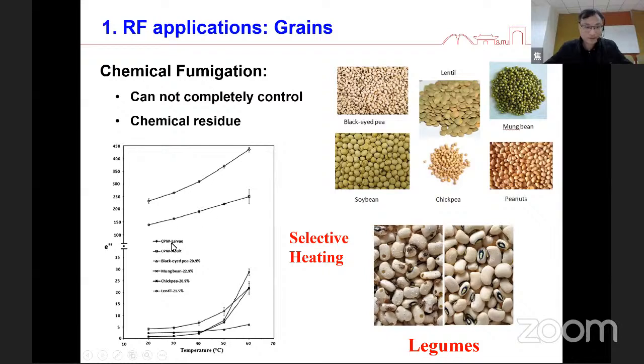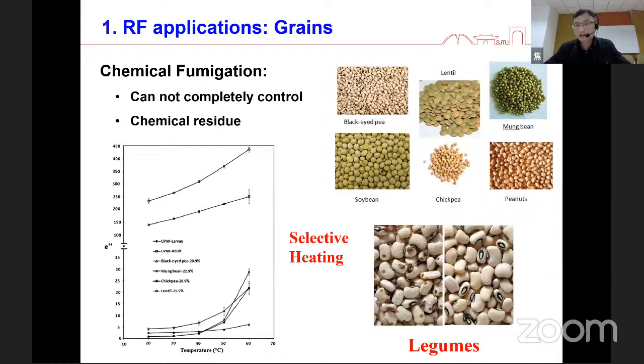From this figure, this is the dielectric loss factor of the insects, and this is the dielectric loss factor of the legumes. You can see the huge difference. Generally, a higher dielectric loss factor gives a higher dielectric heating rate.